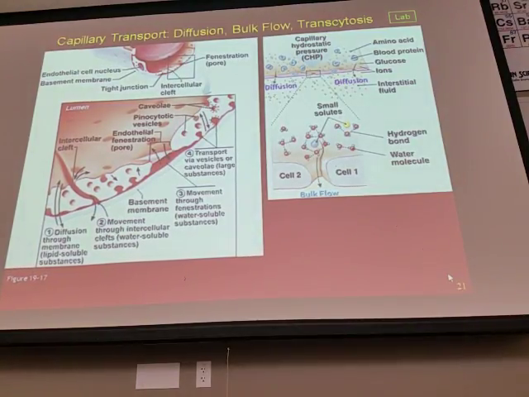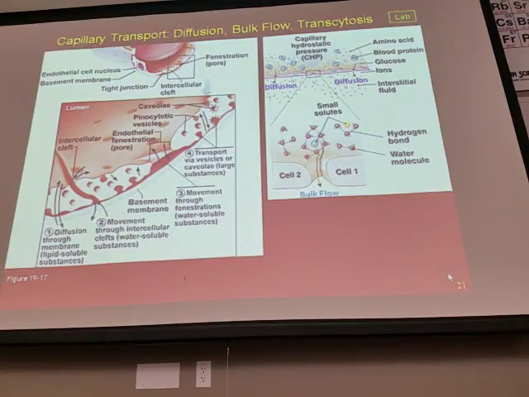So now we are looking at the movement of fluid and substances across the capillary wall. There's 2 ways to move substances, solutes, across the capillary wall. One is diffusion. And all you need for that to take place is permeability and a concentration gradient.